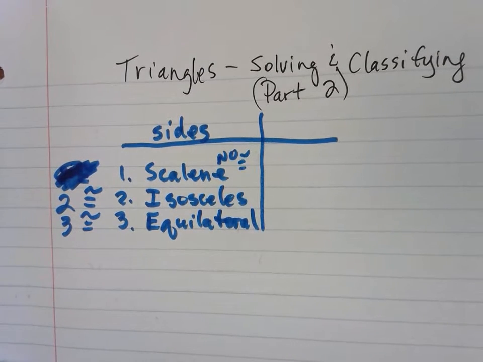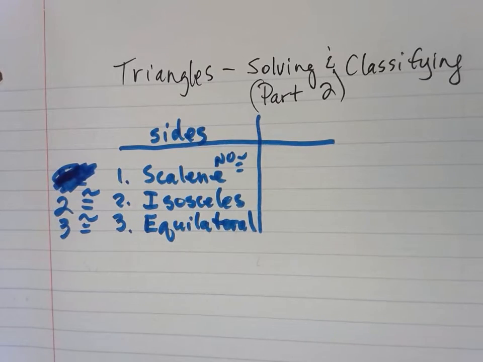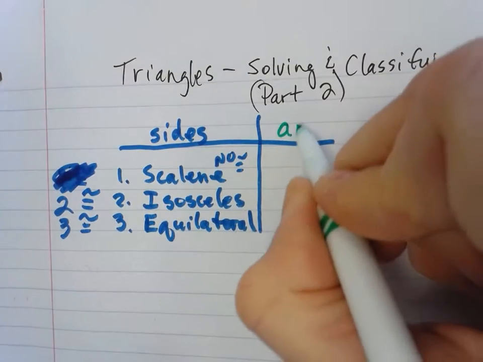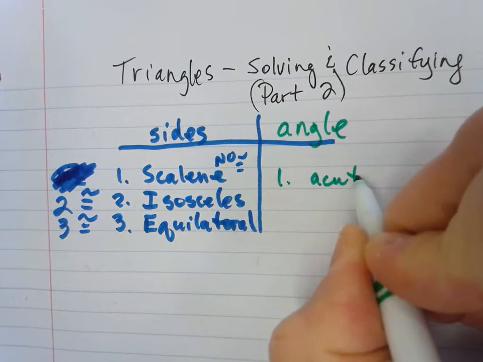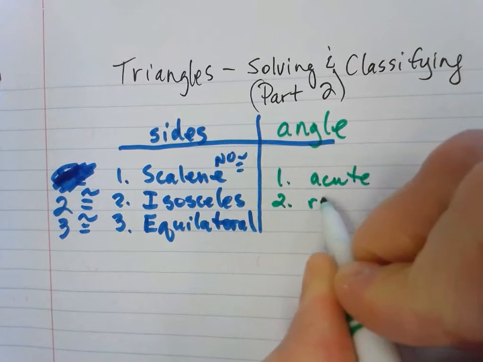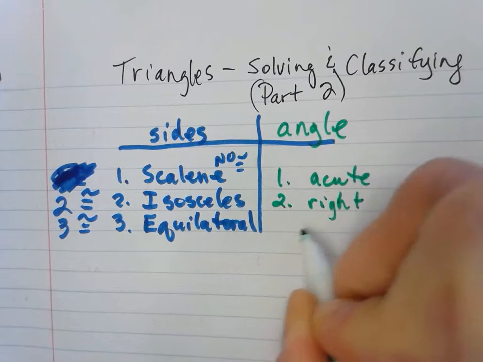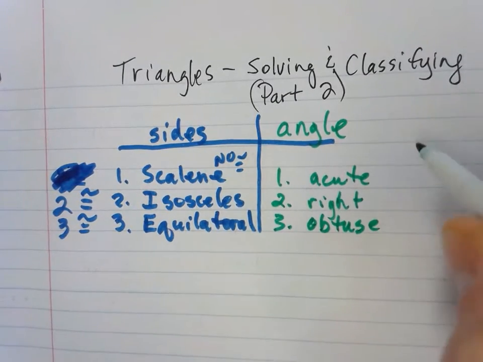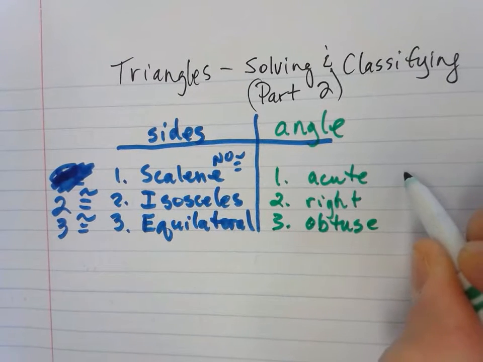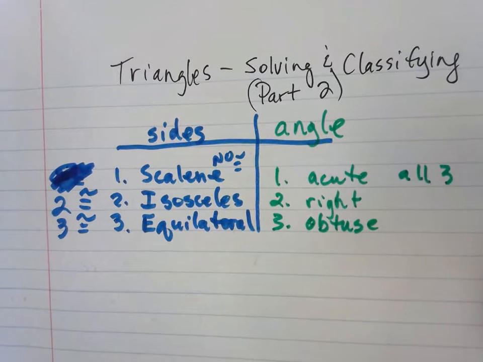Now over here on the angle side, classify it by angle, you got three choices. You got acute triangles, you got right triangles, you got obtuse triangles. If it's going to be acute, all three of them have to be acute.